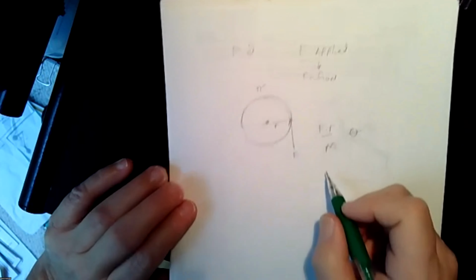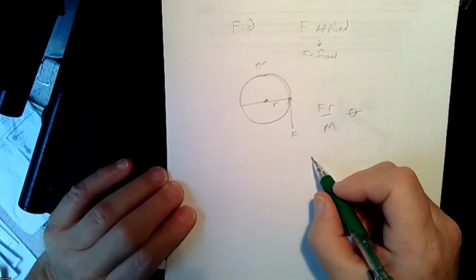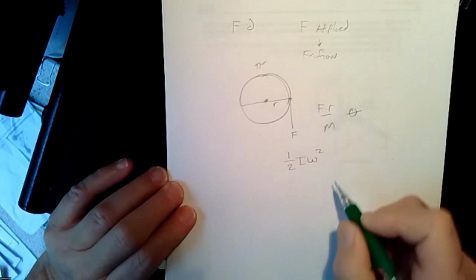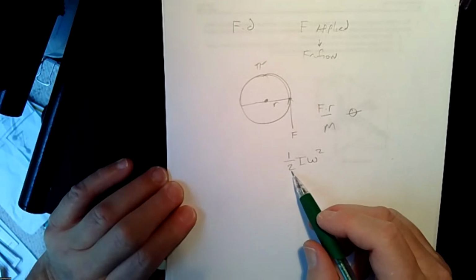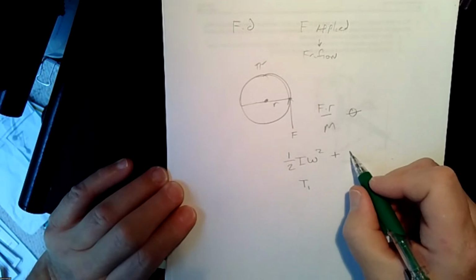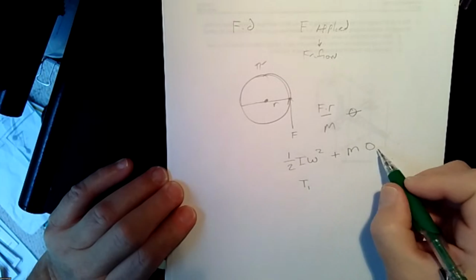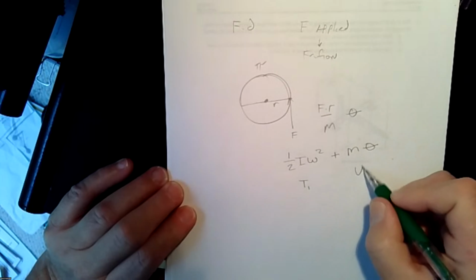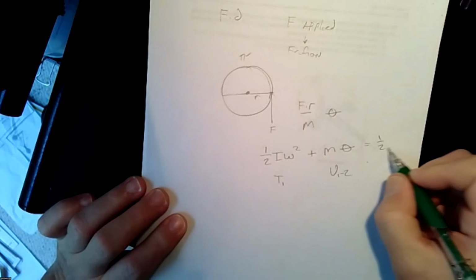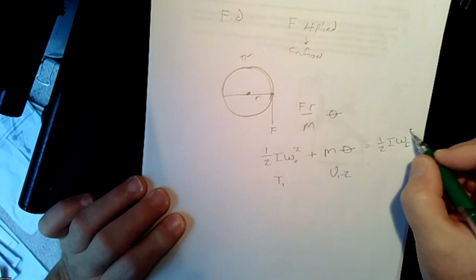So if we're looking at the energy involved, we would say 1/2 I omega squared, say it's a particle moving around a circle, that might be our T1, plus our moment times theta, and that's our U1 to 2, and that is going to equal our 1/2 I omega squared final.